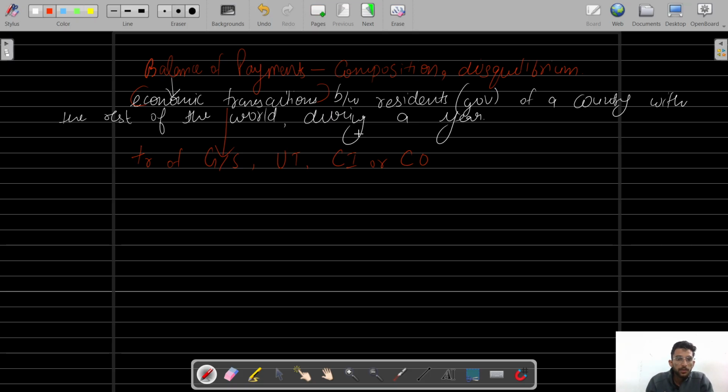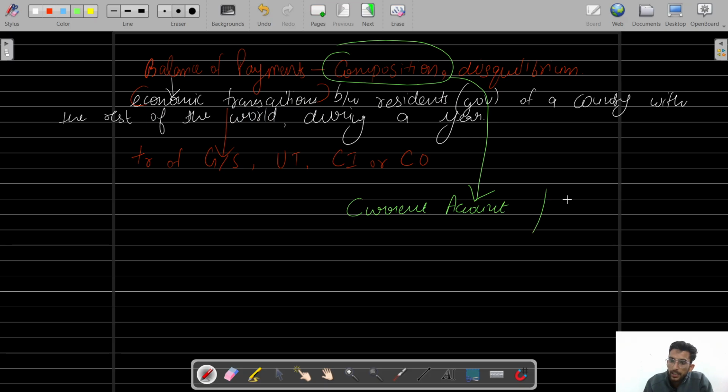Now let us discuss composition. In balance of payment, two types of accounts we generally study. One is the current account, and the second is the capital account.